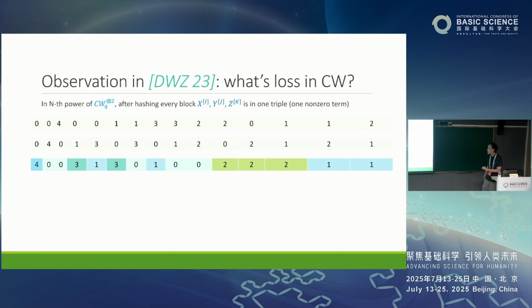Then our method is that we find that, in fact, higher tensor power can improve omega a little bit.